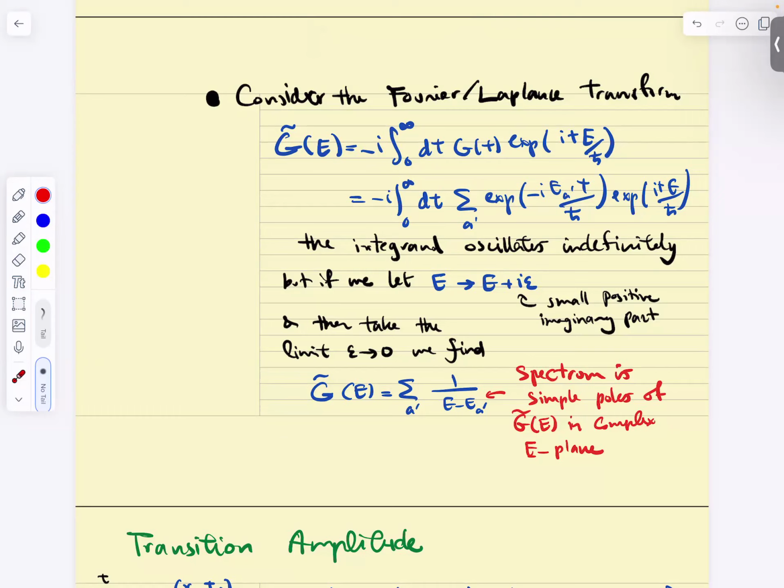However, if you give this E a little bit of positive imaginary part, it will converge. I encourage you to do this calculation. And in the limit of epsilon going to 0, you recover this. All I'm saying is this is an expression that you might have used as physicists, not realizing what the mathematics of it is.